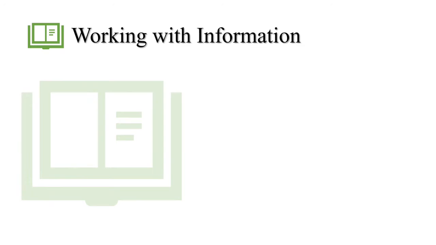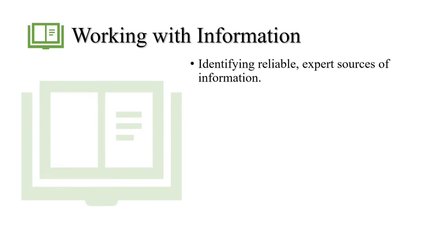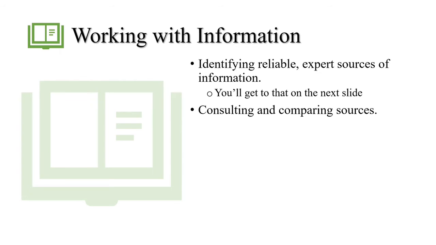Okay, the next set of skills all fall under working with information. So the first one is identifying reliable, expert sources of information. The best way to do this is through a checklist of seeing what's reliable. You'll get this on the next slide. Next is consulting and comparing sources.